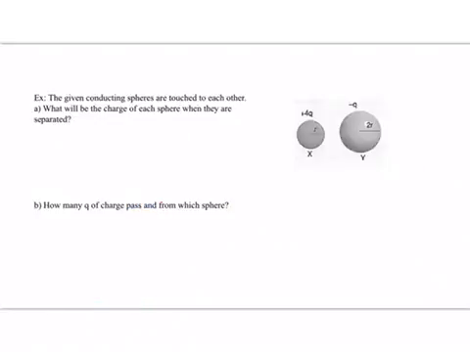The given conducting spheres are attached to each other. What will be the charge of each sphere when they are separated, and how many Q of charge pass from which sphere? Now, the total charge here is equal to plus 3Q.